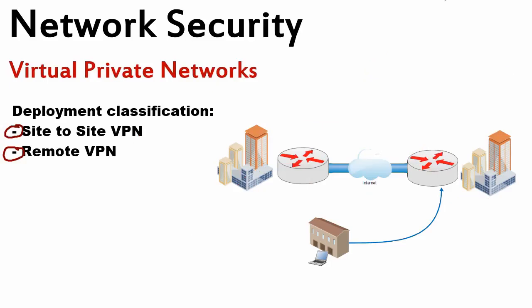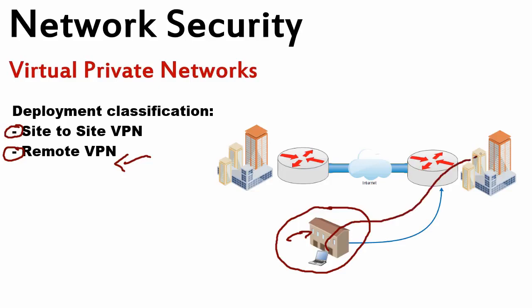The second type of VPNs is a remote VPN. It is over here. And in this case, we are at home. What we want to do, we want to connect to a server that is over here.